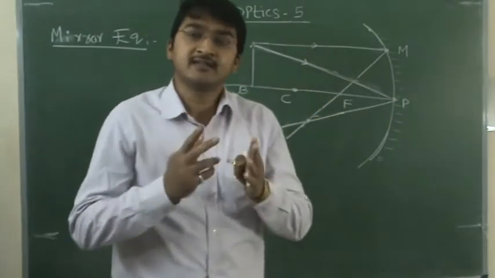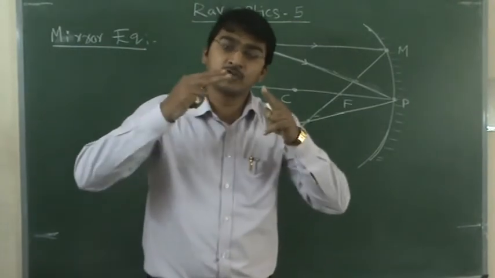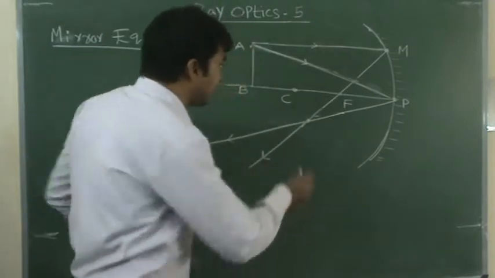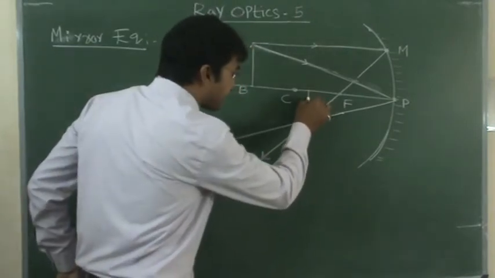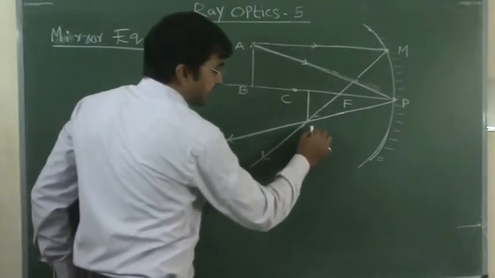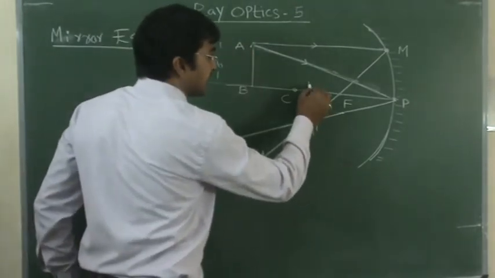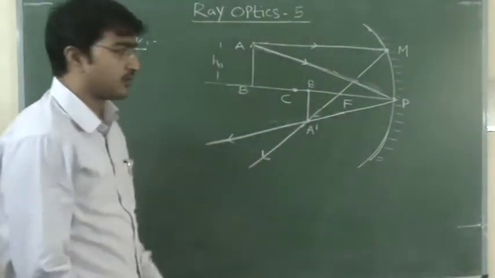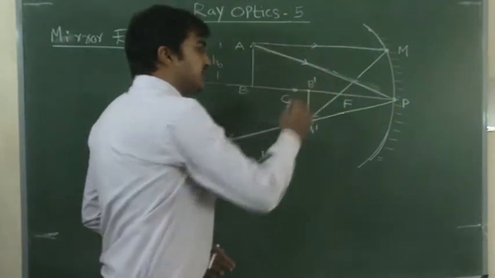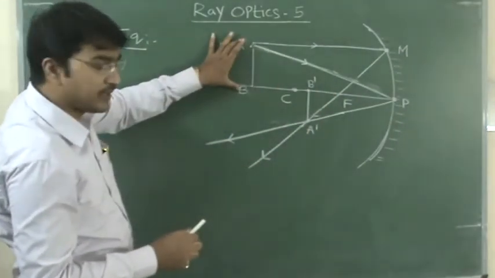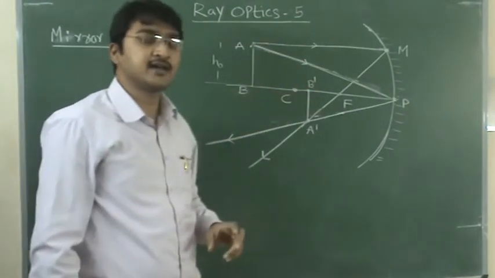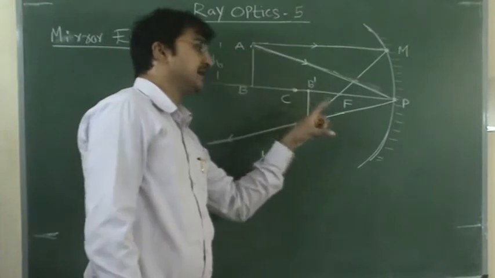The point where the reflected rays actually meet is the position of the real image. So the real image will form here. I am taking this as A dash and this as B dash. AB is the object and A dash B dash is the image, a real image.